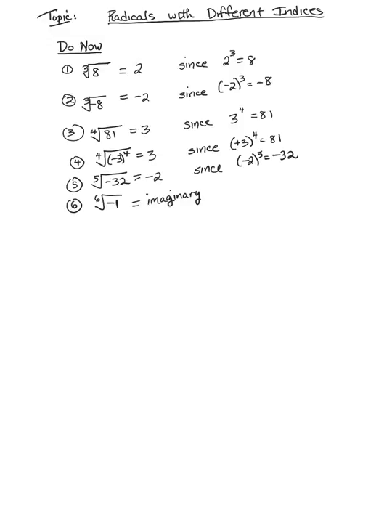So on our second day with radicals, we noticed some very interesting properties. We can write a radical this way, where B is called the radicand, N is called the index, and this is the radical symbol.